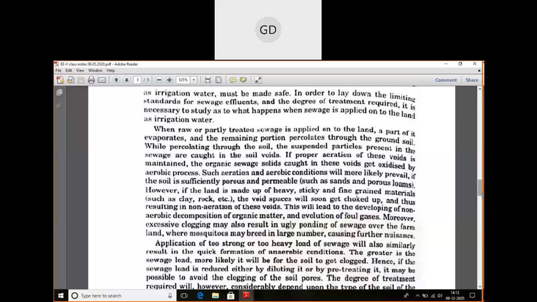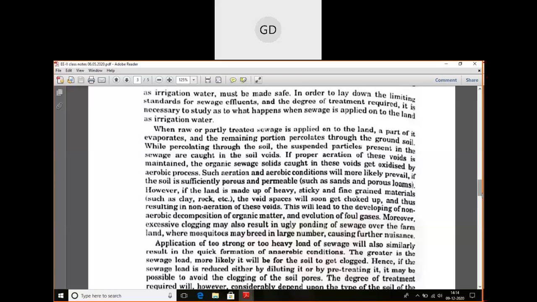We have already learned that decomposition without oxygen leads to the evolution of foul gas. Excessive clogging might also result in ugly ponding of sewage over the farmland, where mosquitoes will breed in large numbers, and a very unhygienic condition will develop.